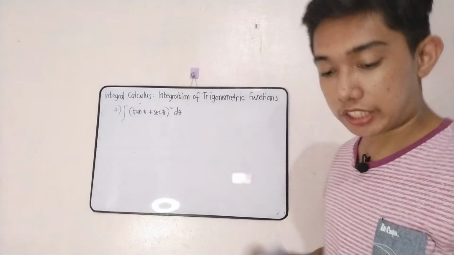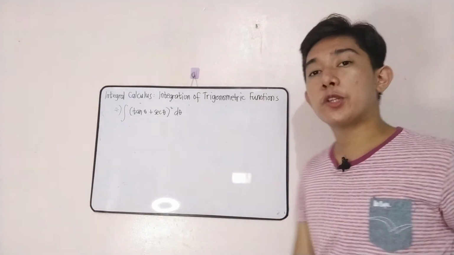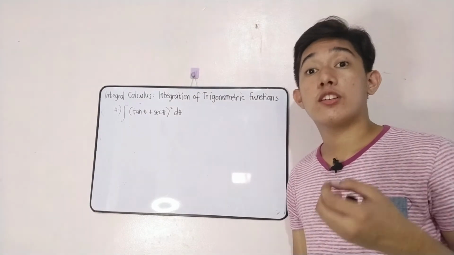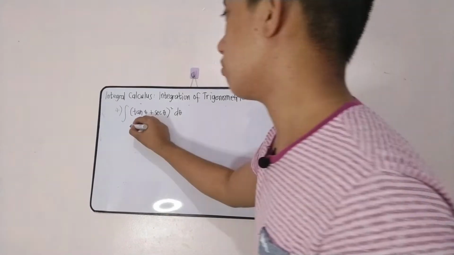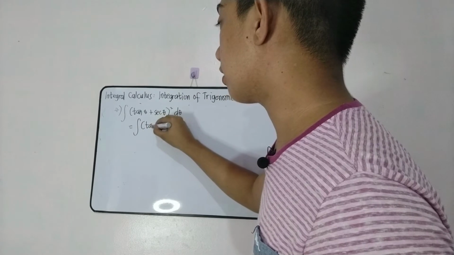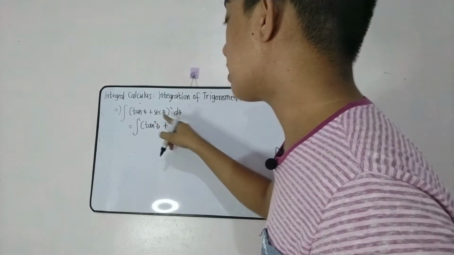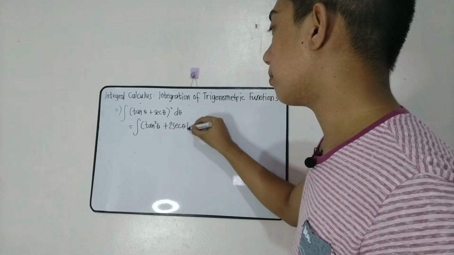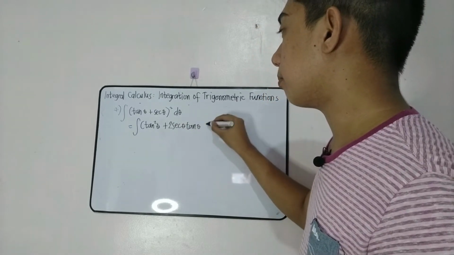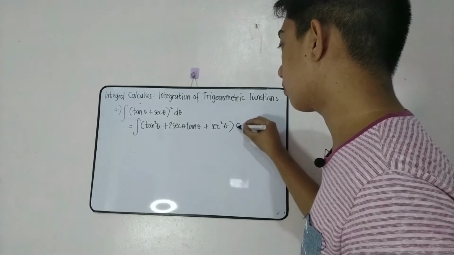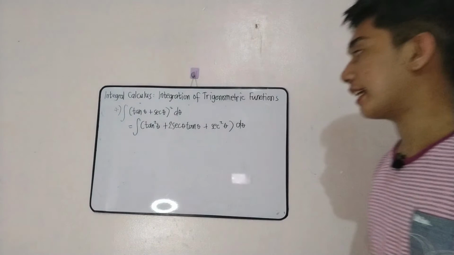So, anyways, we continue this one. If we encounter this type of problem, again, I'm telling you, square of a binomial: the square of the first term, tangent squared theta, plus twice the product of the first term and the second term, plus the square of the last term. Okay?